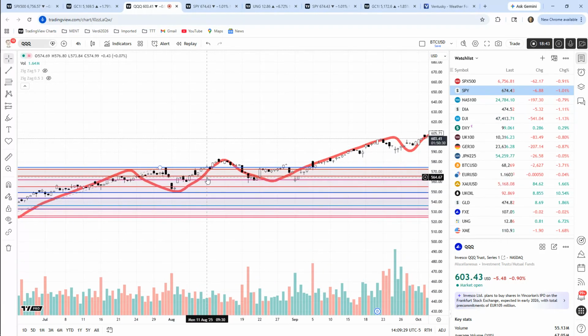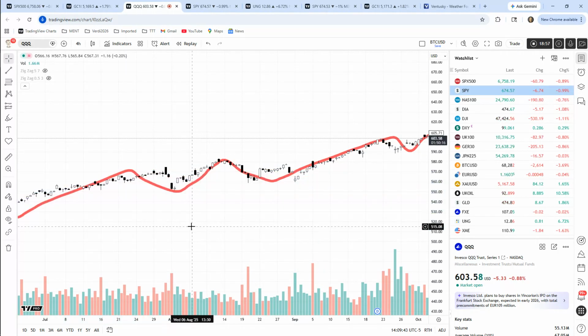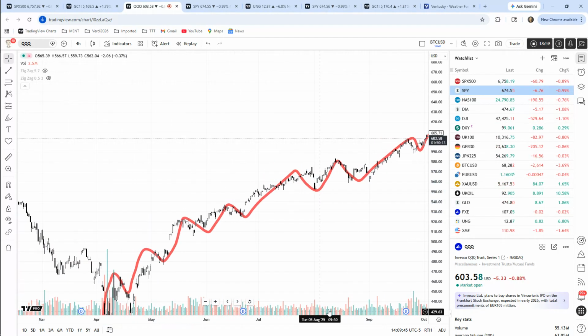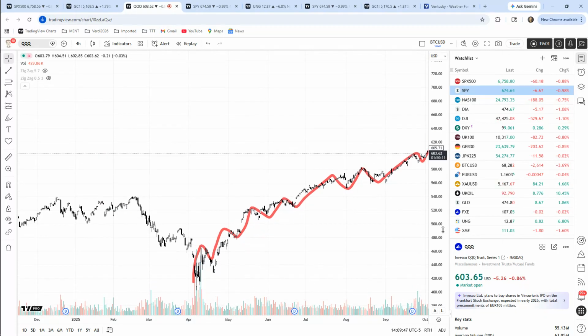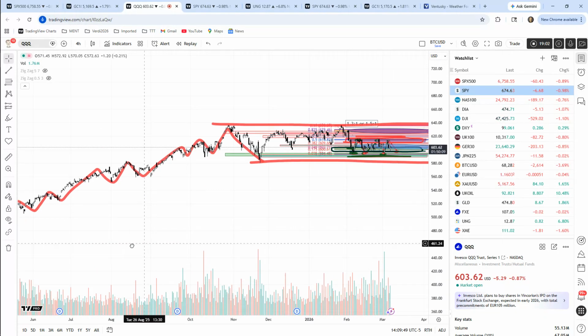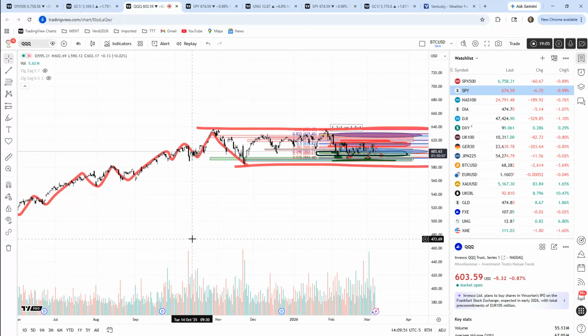And what happens is we roll a little higher, again setting up a zone, pulling back into the defense zone from before, into the defense zone back over here, and then rallying again. So the defense zones really do play an active role in price. They are essentially that key Fibonacci level where price will either break through or reject and go the other direction.